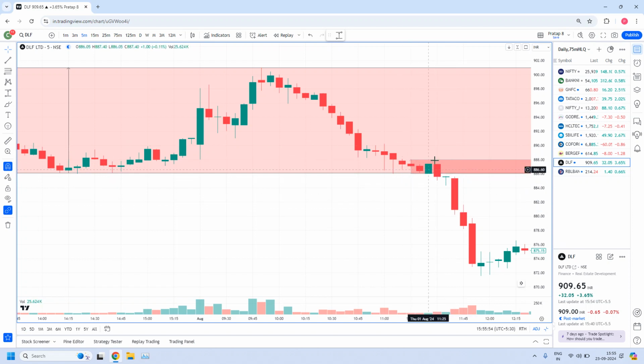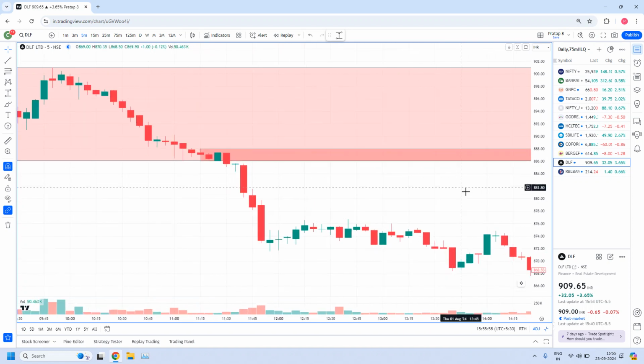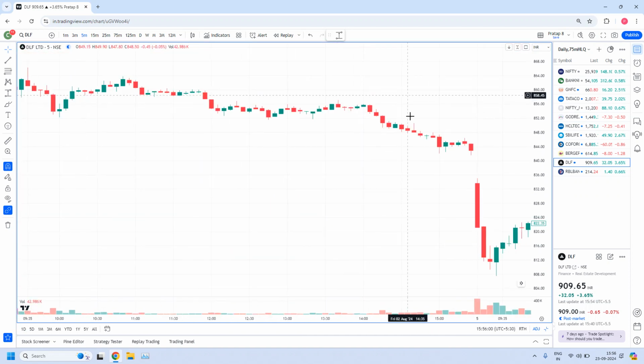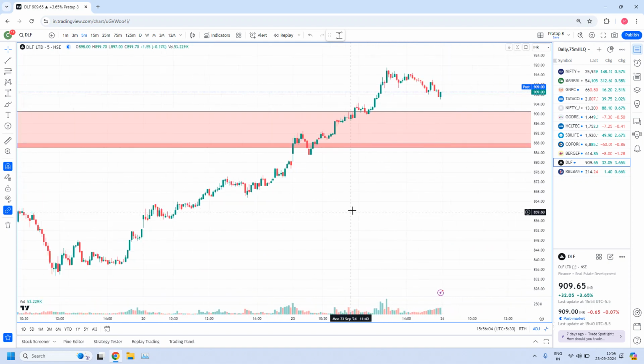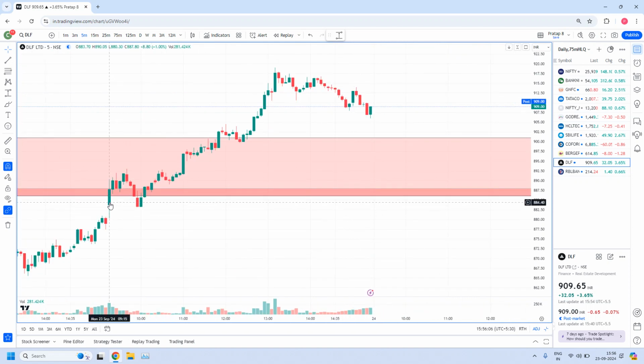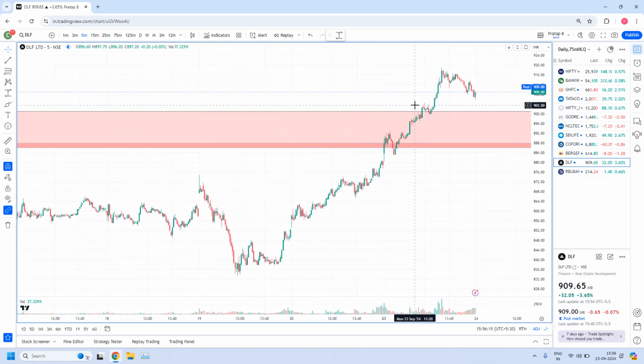But we want order flow within this high liquidity area. So today see what happened. Easily the zone is violated. In the morning price went maybe up to here, came down and then started moving up, and finally the zone is violated.